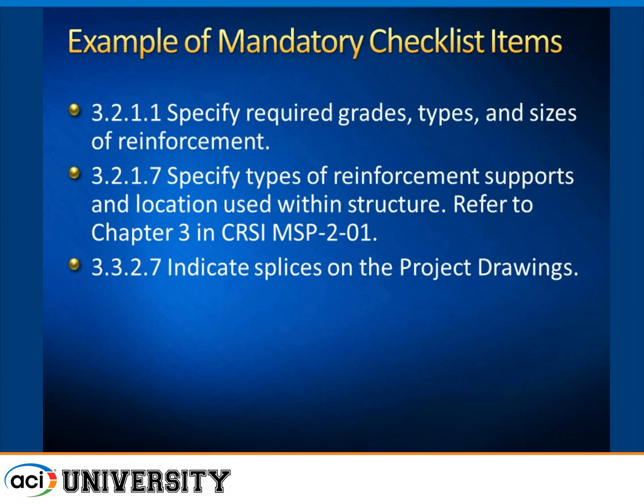And this is an example of mandatory checklist items. They follow the text of the spec in the document. But here, we expect you as the engineer to indicate splices on the project documents. Drawings or contract documents, you may have it in text in some form. The engineer specifies the grades, types, and sizes of reinforcements. We can't give a default value that works for every project. You need to look at your project and decide what's right.